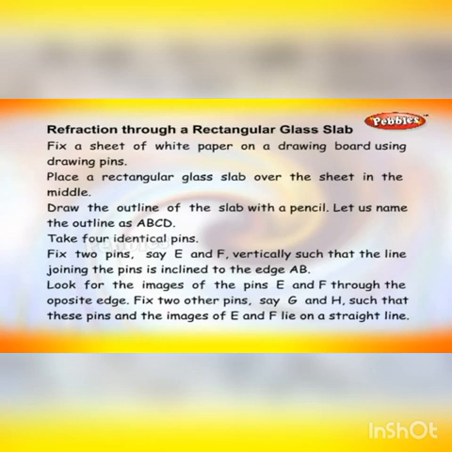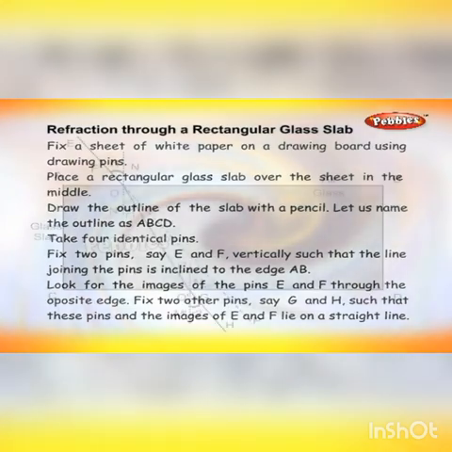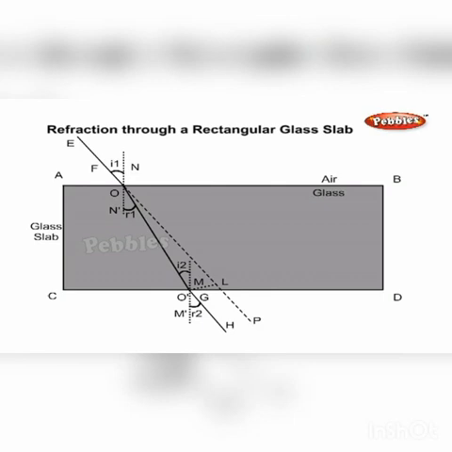Look for the images of the pins E and F through the opposite edge. Fix 2 other pins, say G and H, such that these pins and the images of E and F lie on a straight line. Join the positions of tip of the pins E and F and produce the line up to AB.